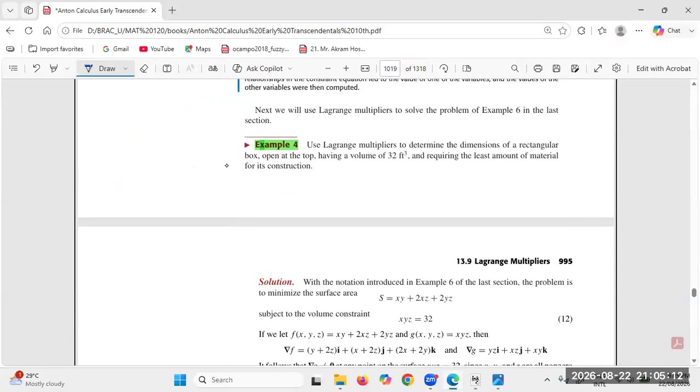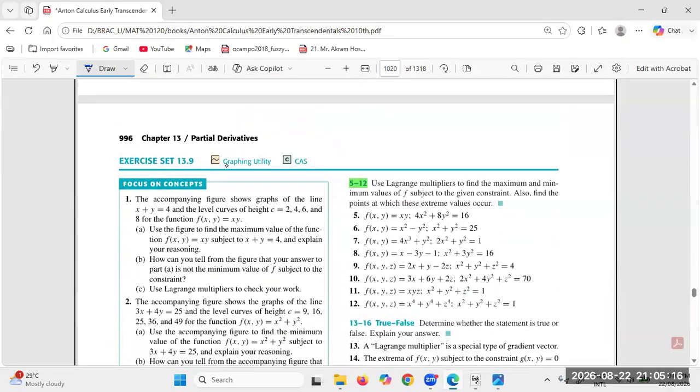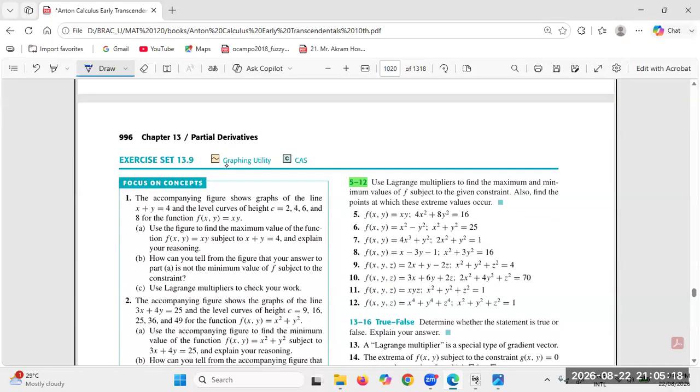You need to see example 4 also, that is also interesting. The practices from section 13.9 are 5 to 12. So you need to do all of these practices.